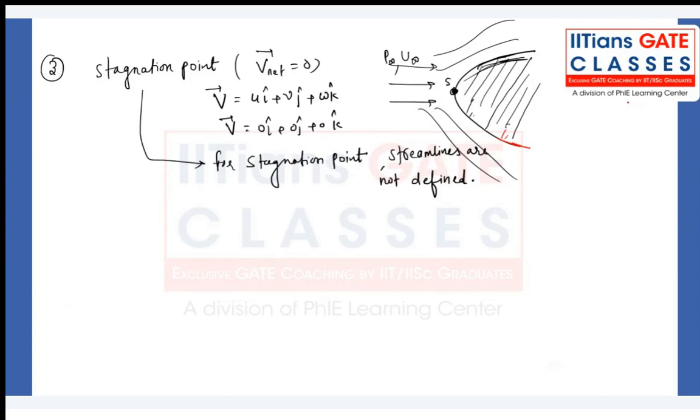And what about this body? And if I draw the pattern of the streamlines like this, in this one, whether flow separation will be there?